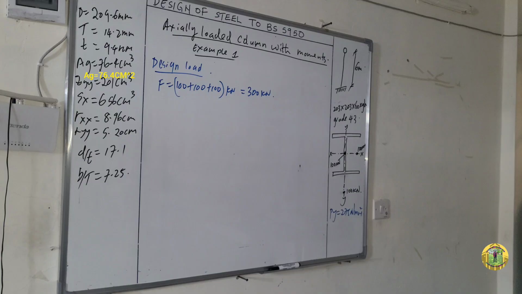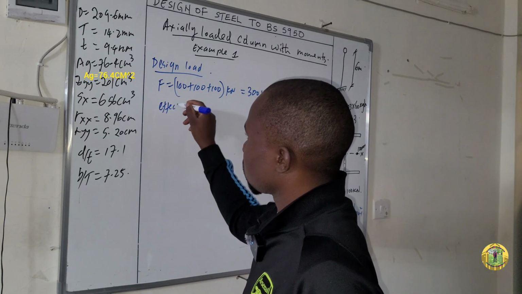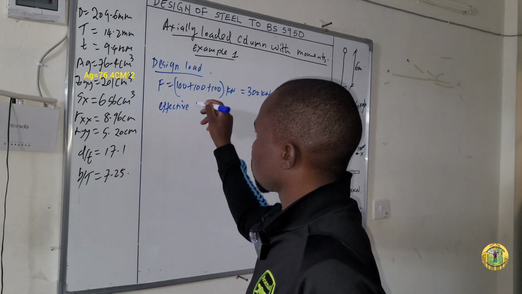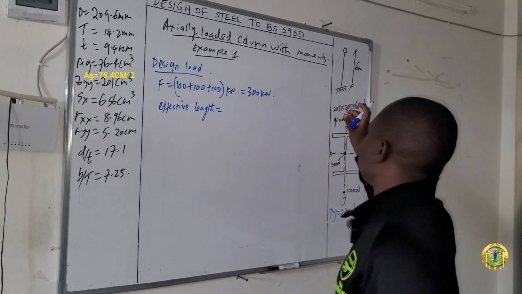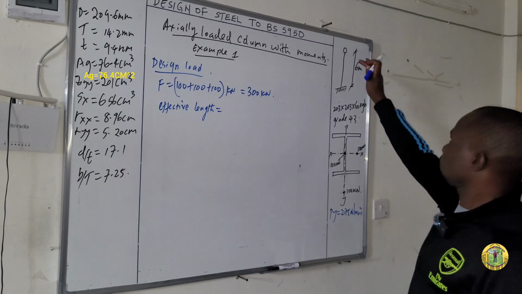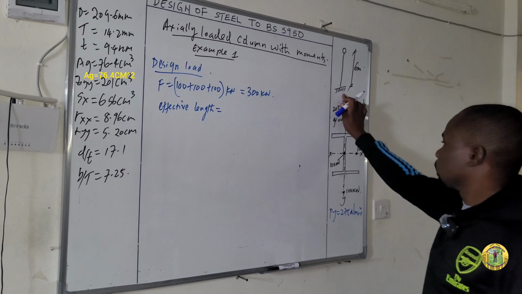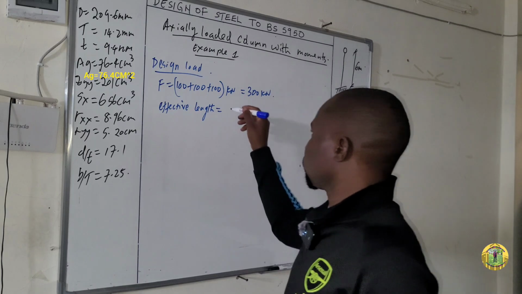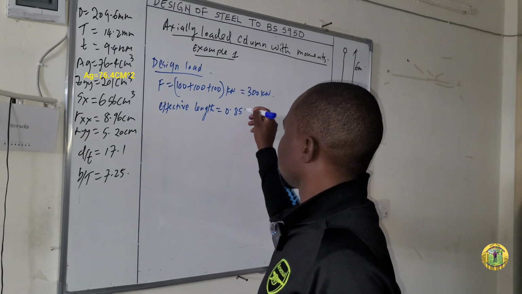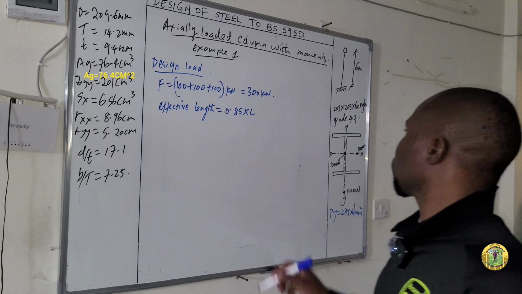And then the effective length. The effective length, for the column which is pinned at one end and fixed at another end, is given by 0.85 times L, where L is the overall length of the column.